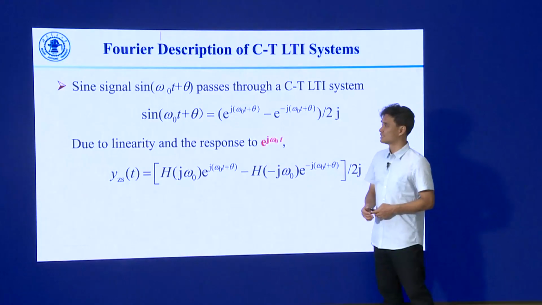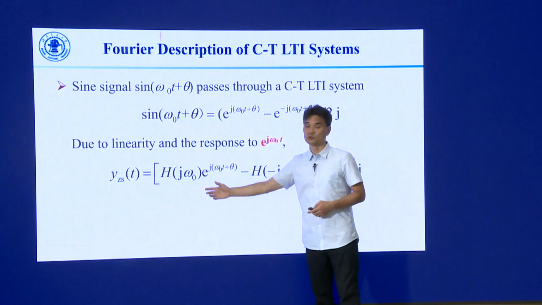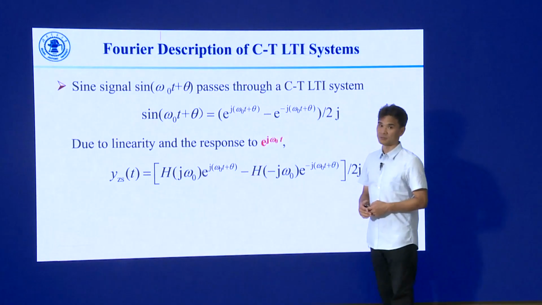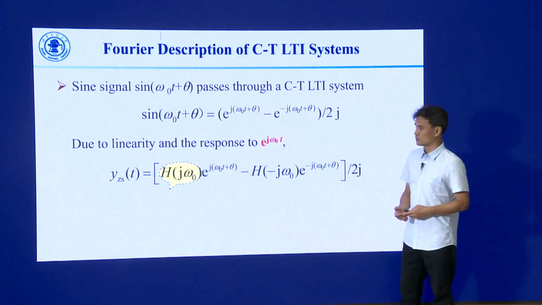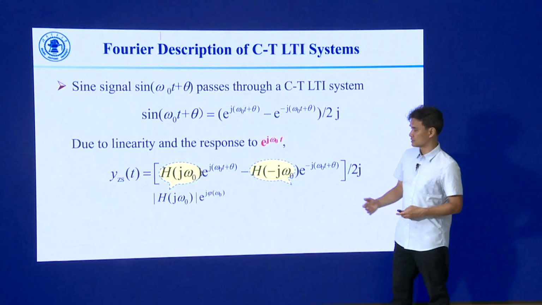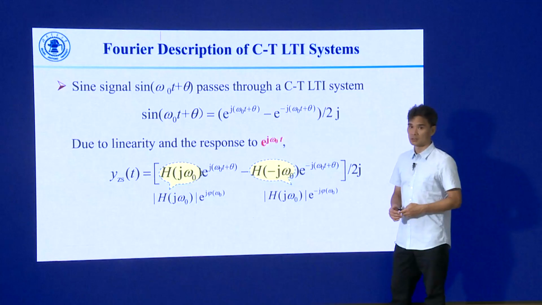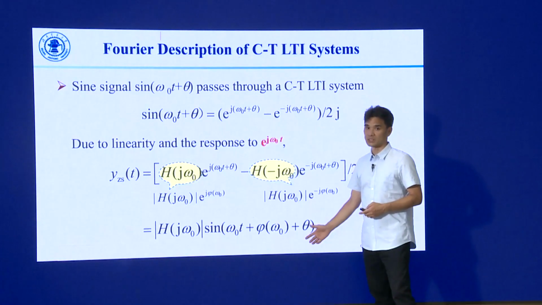And we know that if the system's impulse response is a real function, then the frequency response has conjugate symmetry. So the amplitude is even and the phase is odd. So we can combine them into this expression.